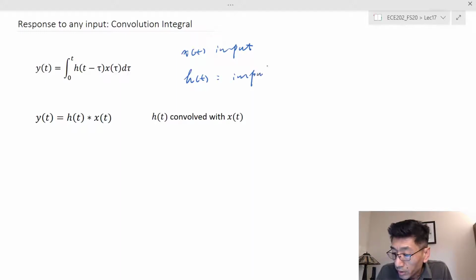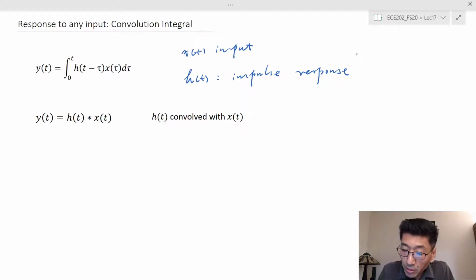So in this case, we know the impulse response in time, and you can calculate the output without really doing the Laplace transform and then the inverse Laplace transform. You can do this. This is called the convolution integral.